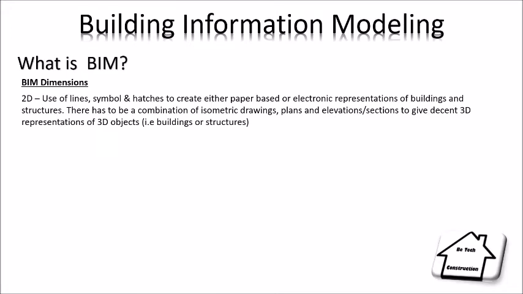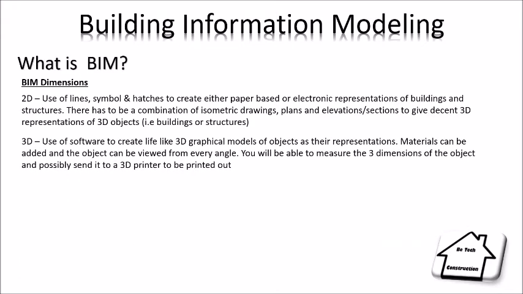So it's the same as if you were drawing with pen and paper. You can draw from plan up above, bird's eye view. You can draw from side on, sections. You can draw isometric to give that 3D feel, but essentially it's a 2D object that uses lines, symbols and hatching to create the drawings.